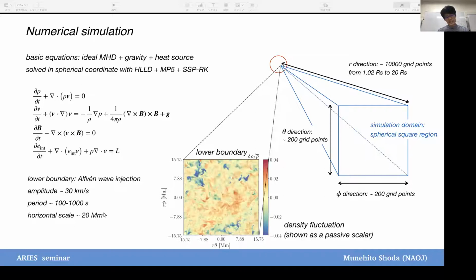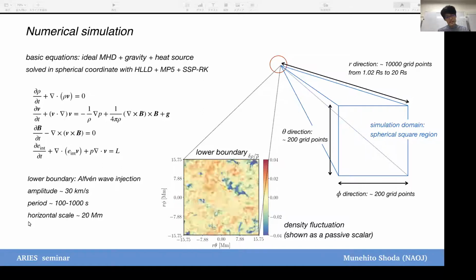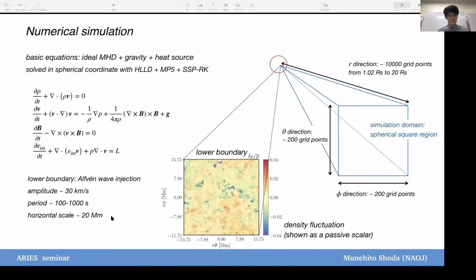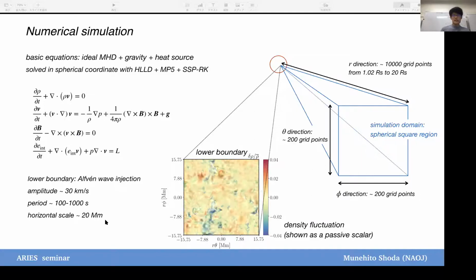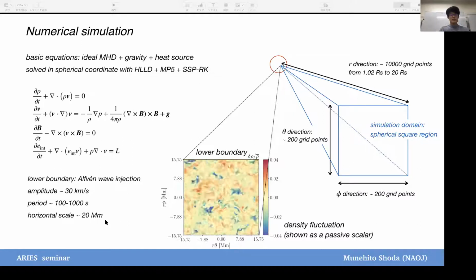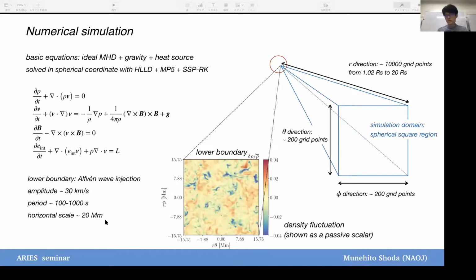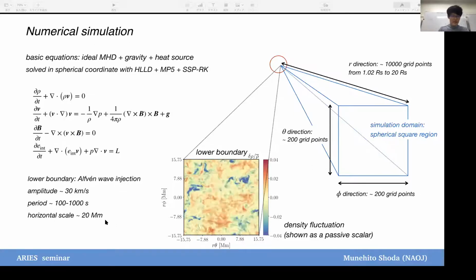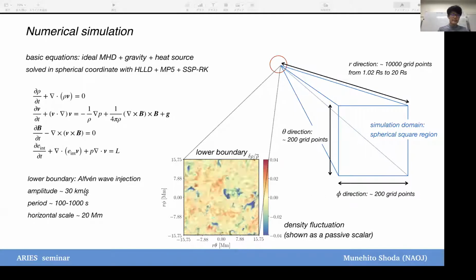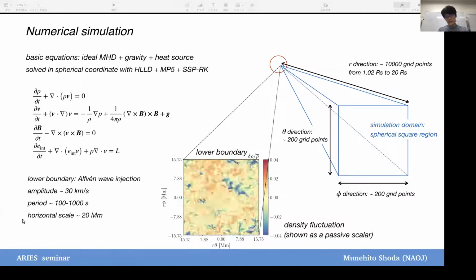And the horizontal axis is taken to be 220 megameters, which is corresponding to the size of the supergranulation. So anyway, although we don't solve the Alfvén wave propagation from the surface to the coronal base, we can more or less observationally constrain the physical parameters of Alfvén waves inside the coronal base. So I'm really sure that the simulation is realistic.